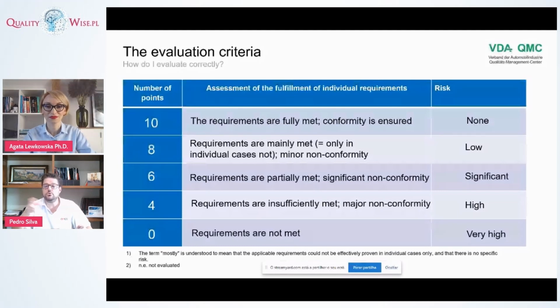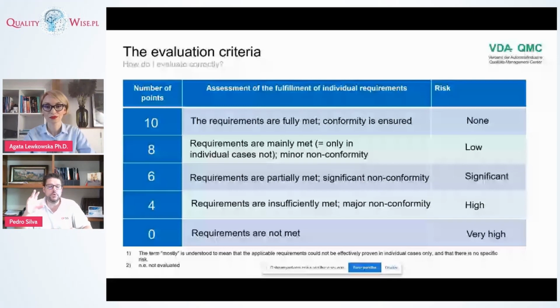But it might be a 0 even with some procedures or work instructions existing, if the practice is consistently not okay and the requirements are not met. The 4 means that something can exist, something might be done, but overall the risks are high, internally or for the customer. So there is something being done, but overall it's a major non-conformity.